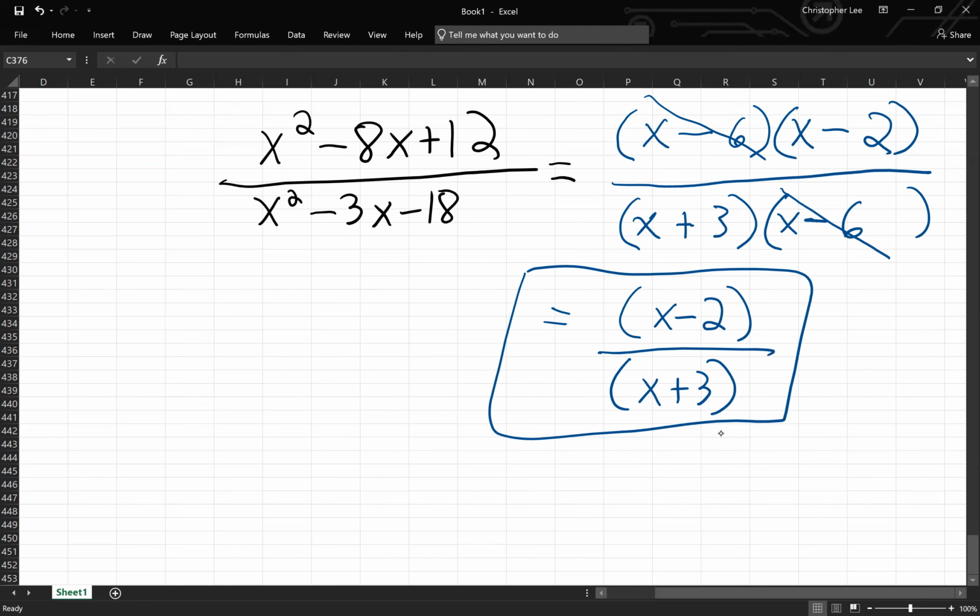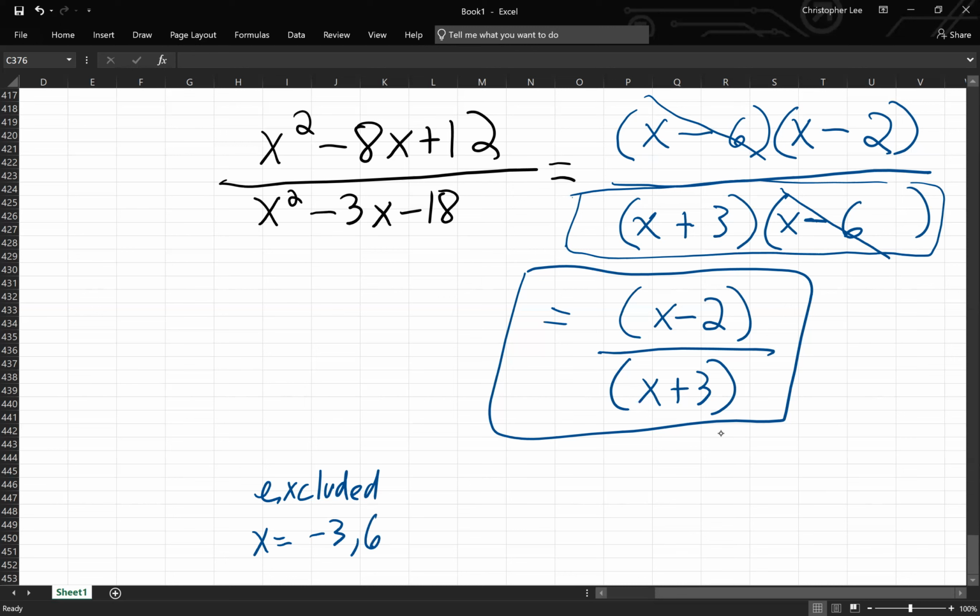They might ask you what the excluded value is. So what would my excluded value be up in here? I heard negative 3, and there's another excluded value here. So here's what I'm looking at: you have that x plus 3 and that x minus 6.